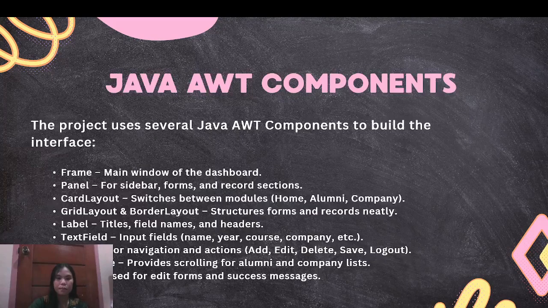So next we have the Java AWT components of the alumni system. The project makes use of a frame for the dashboard, panels with card layout to switch modules, grid layout and border layout to organize forms and lists.